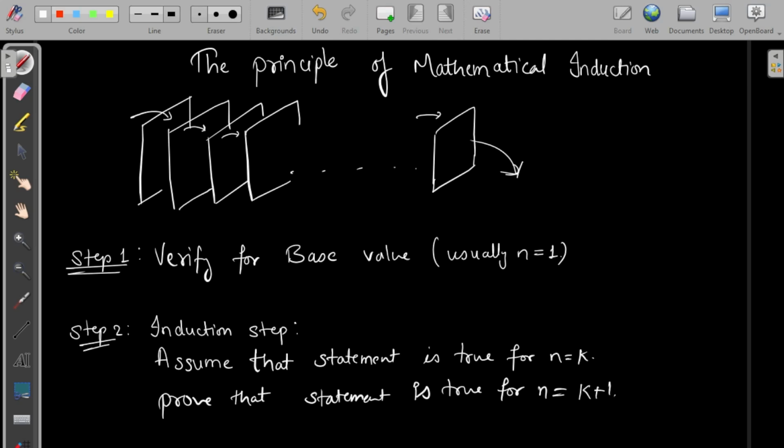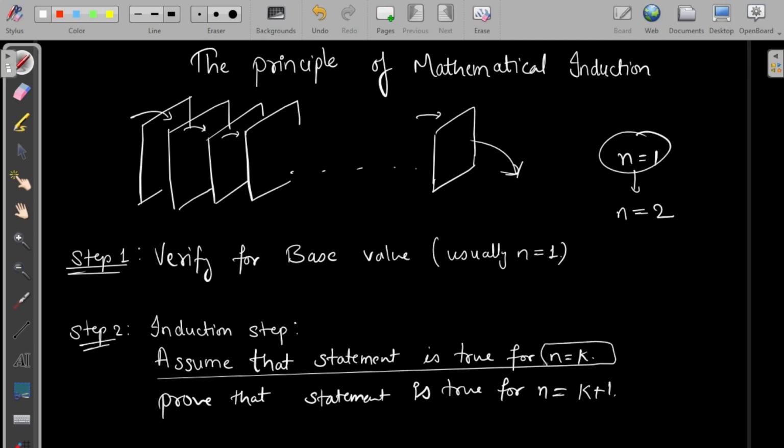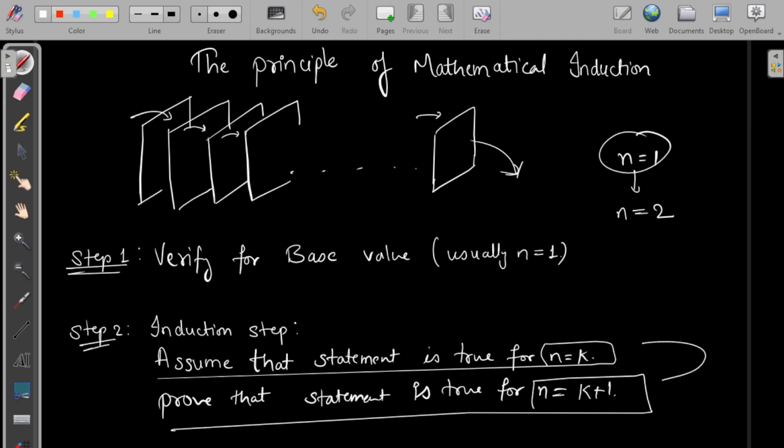It means that for every n equal to k, if the statement is true, it pushes the statement to be true for n equal to k plus 1 as well. So, let's say, if the statement is true for n equal to 1, it pushes that it must be true for n equal to 2 as well. Because we have assumed that it's true for n equal to k, and that this implies this. So if n equal to k is true, then n equal to k plus 1 would also be true.